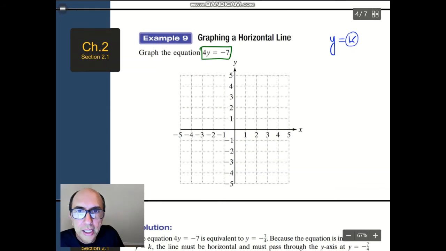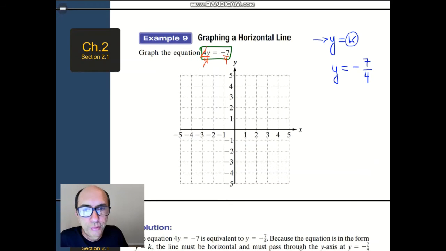So we will use here the multiplication property of equality to change this equation into that form. What we're going to do here is divide both sides of the equation by 4. That means we can simplify, and we're going to have y equals negative 7 over 4.